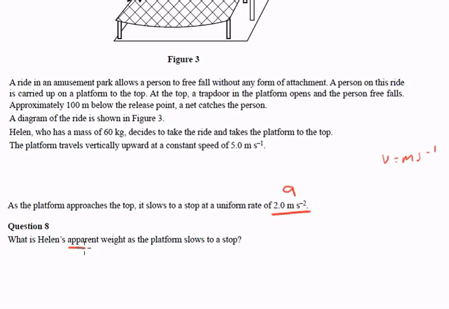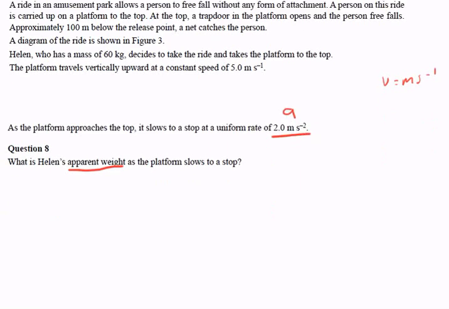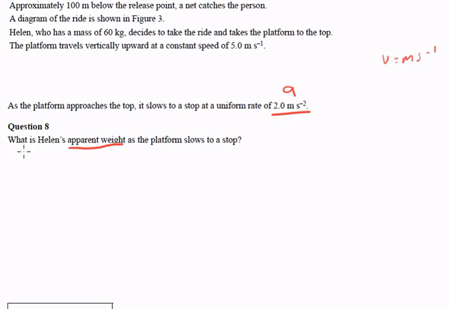So what's her apparent weight now? Same as before, except we've got a new acceleration. So apparent weight equals normal force. Alright, let's work out the total force on her, because now there's an acceleration, there is a total force.